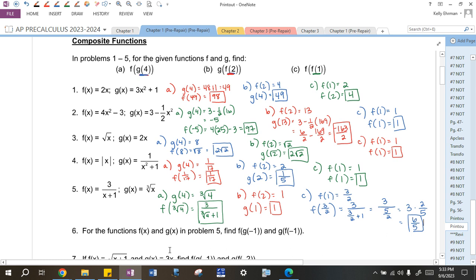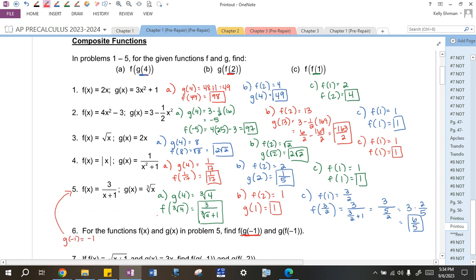All right. For the functions f and g in problem 5, find f of g of negative 1 and g of f of negative 1. Okay, so starting with this first one, g of negative 1, again for function 5, is cube root of negative 1.